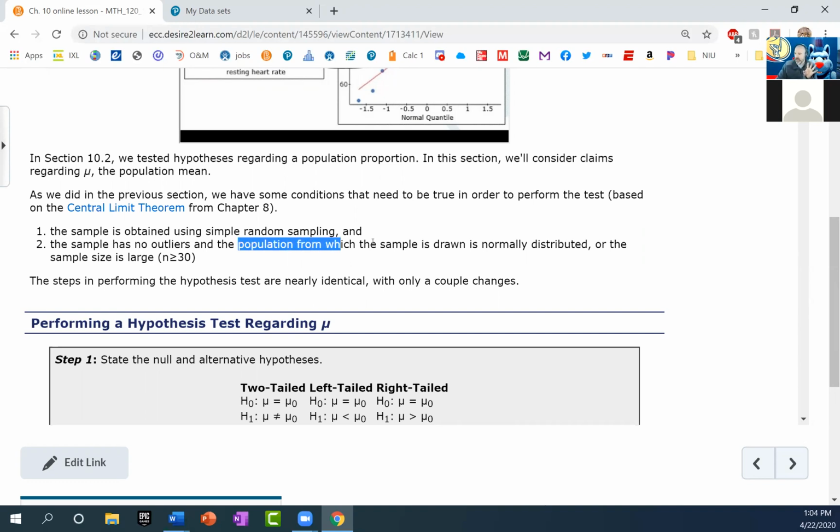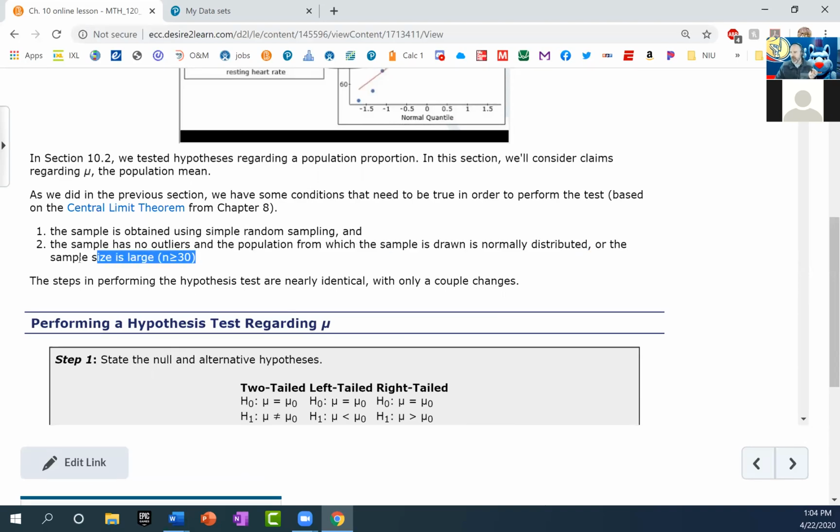Either the population from which the sample is drawn is normally distributed, and you can be told that in the problem, or you can check that by doing a normal probability plot, the QQ plot, or a histogram. There are some more rigorous checks which are kind of beyond this class. But either the population is normally distributed or the sample is large.